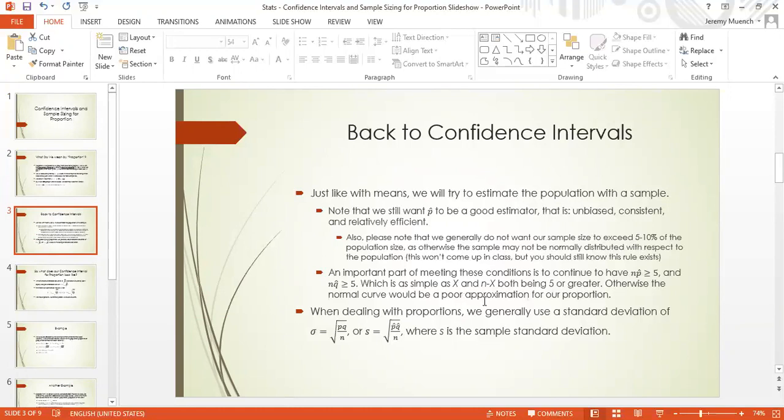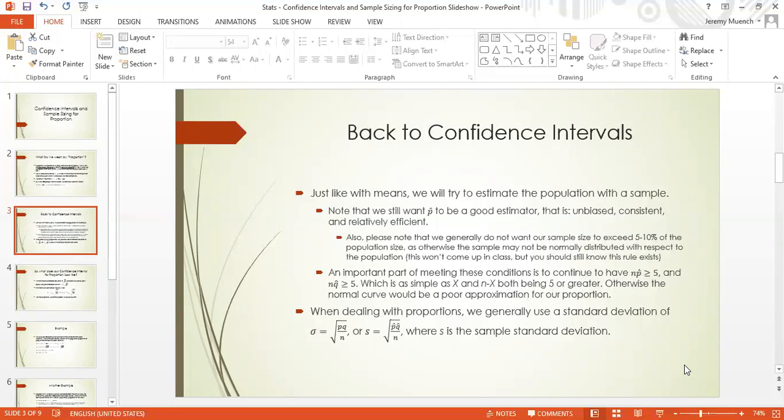So it was well understood or well defined. Here, it's not as clear what the standard deviation is or how we're moving. But we can refer back to something we did early in the third quarter to figure out how this works. And that is the normal approximation for the binomial distribution.